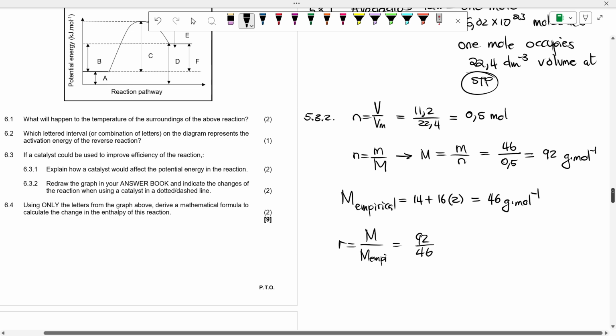What do we get? 2. Then we multiply that empirical formula by 2, so NO2 by 2, everything by 2, it becomes N2O4, and that's our molecular formula.